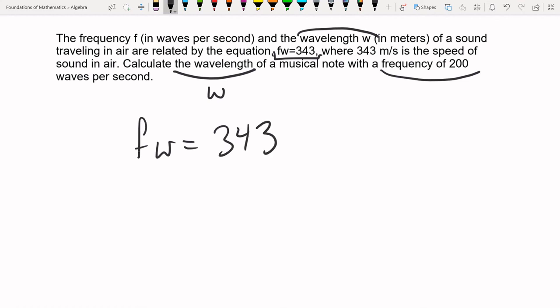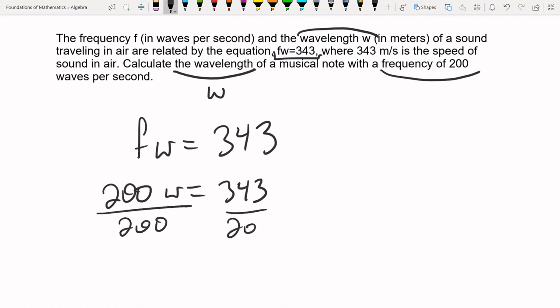Well, if F is 200, and we want to figure out what W is, all we have to do is solve this one-step equation. Divide by 200. Now we get W equals 1.715. So that's the wavelength, and that's going to be in meters.